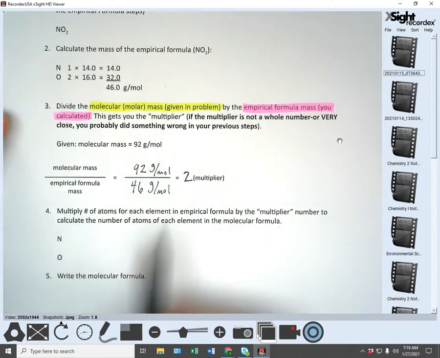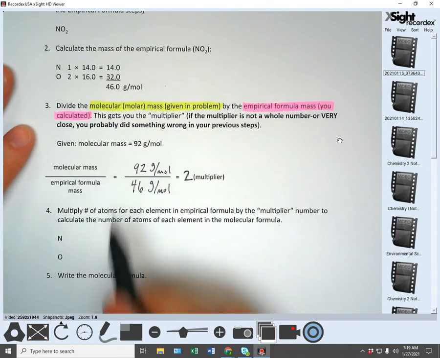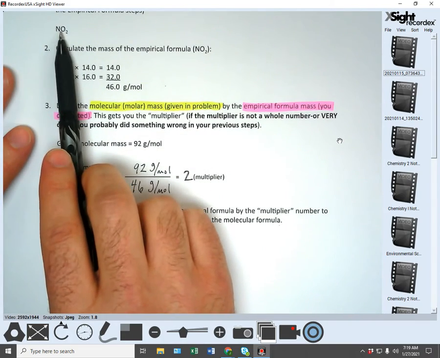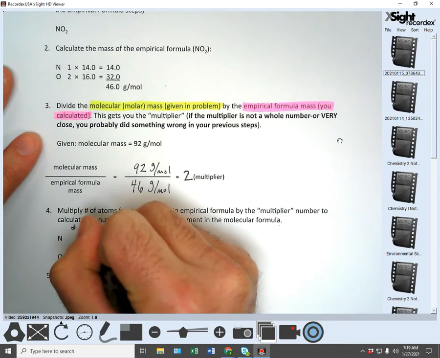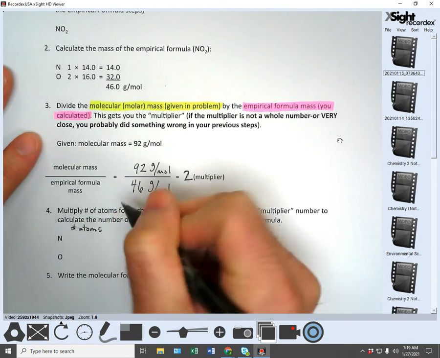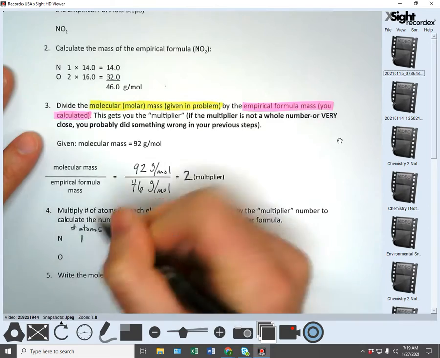Okay, it sounds a little confusing, but it's actually really simple. You look at the empirical formula. So we've got NO2, right? So number of atoms, nitrogen we've got 1. Oxygen, we have 2.